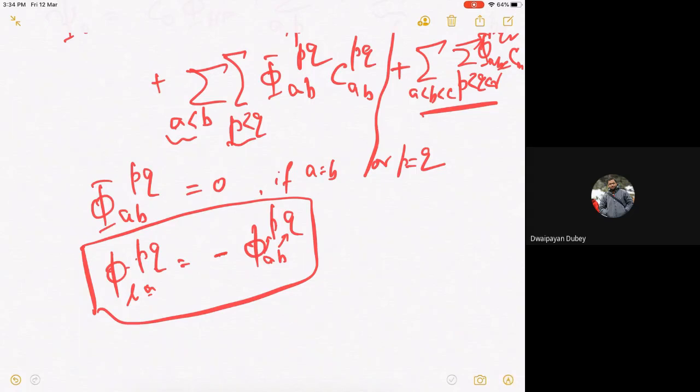Is it clear? Similarly, ABQP is negative of ABPQ. They have gone from the same place, but one has gone to Q, one has gone to P, so it effectively looks that P and Q are interchanged.